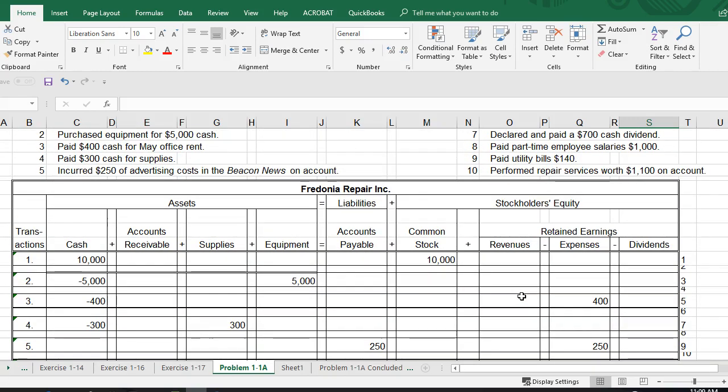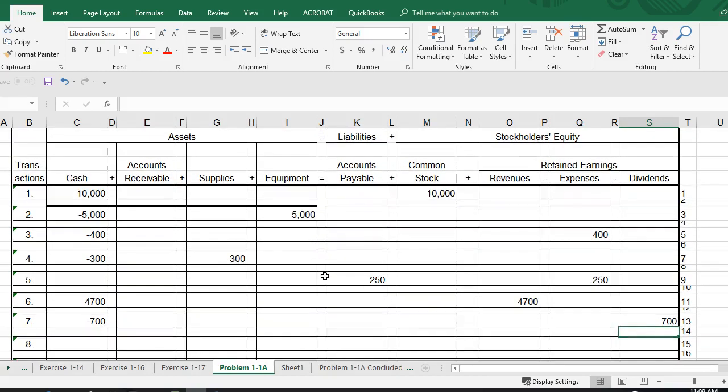Few more. Number 8, we paid our part-time employees salaries of $1,000. So whenever you say paid, think cash automatically. So my cash account would decrease by $1,000. And the money paid to my employees, that's an expense. So my expense account just increased by $1,000.